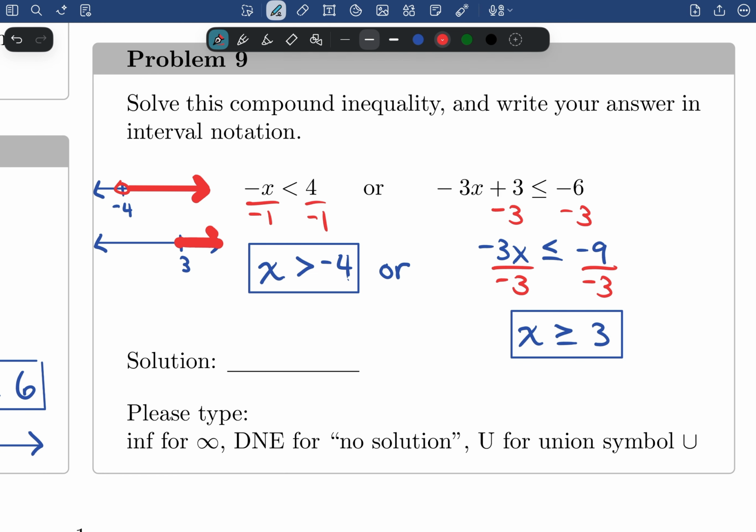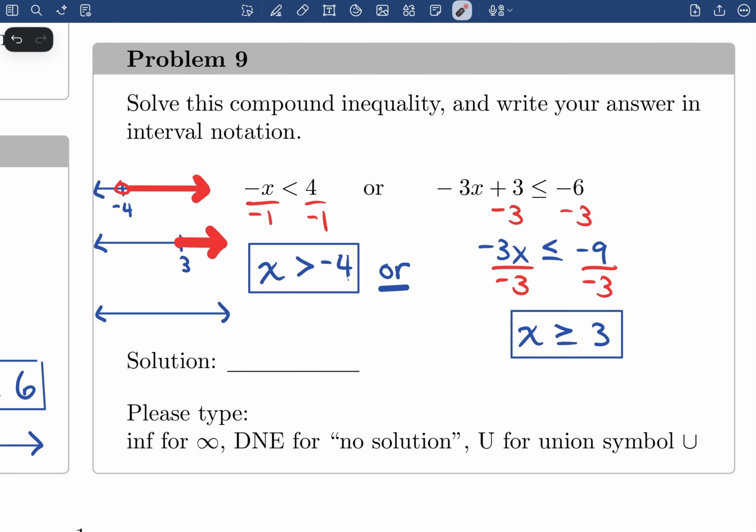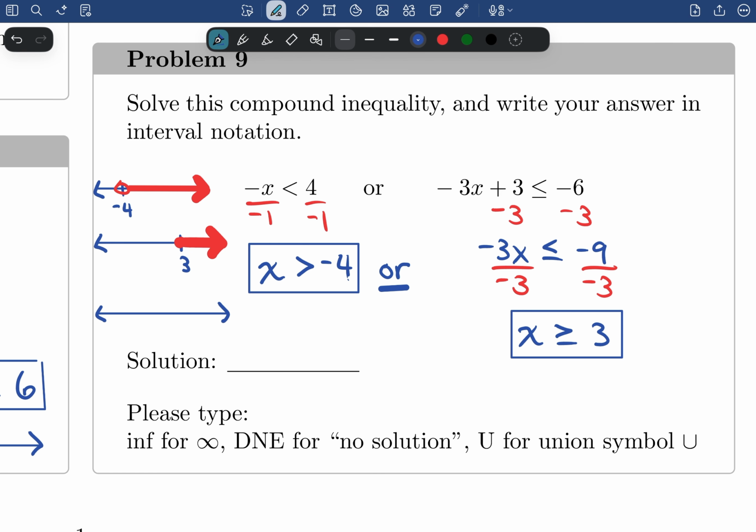Okay. And now the word "or" right here implies that I need to find the things that are solutions for either one of the graphs that I just drew. And so I'll write the graph that is the solution, and it's all the shaded region that we have across these two inequalities' number lines.